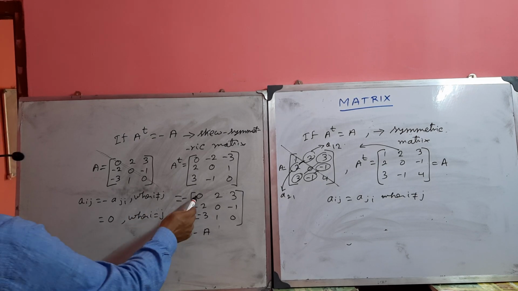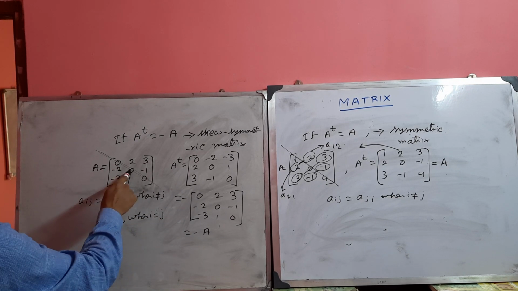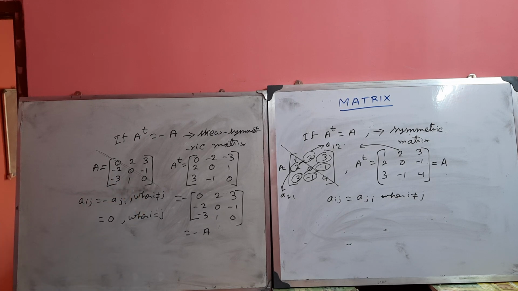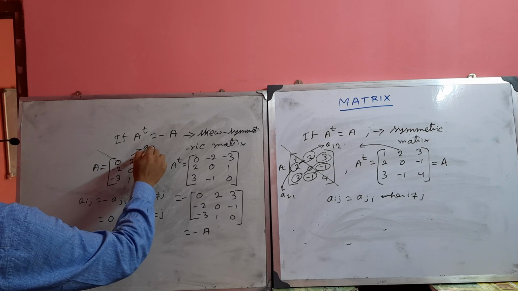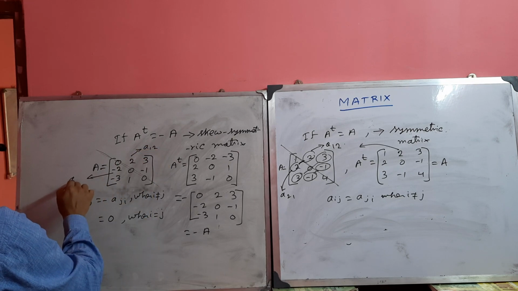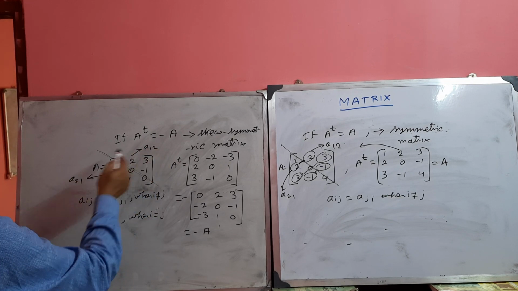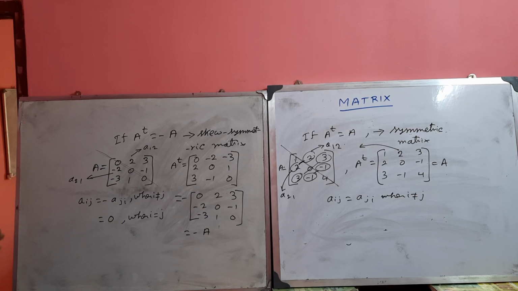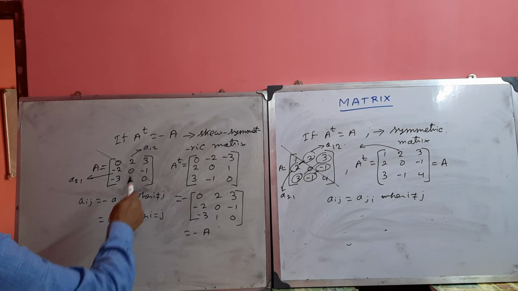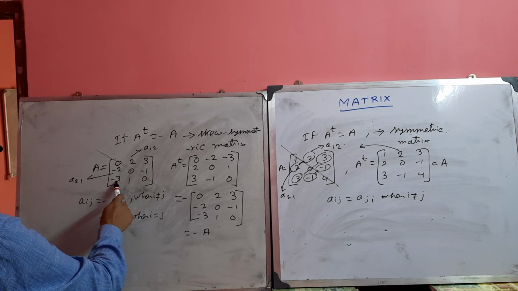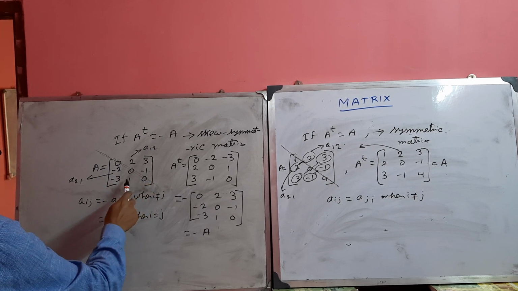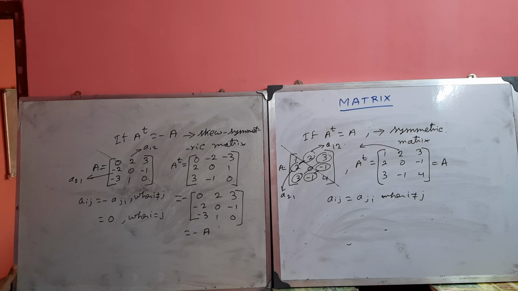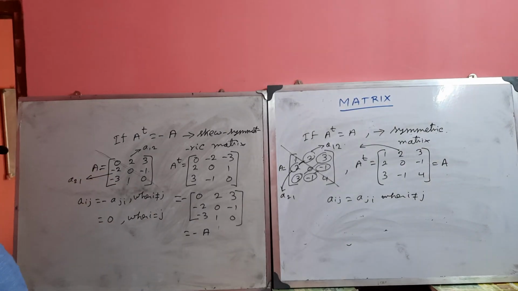Now see that A11, A22, A33 are equal to 0, but this one is A12 and this one is A21. A12 and A21 are of opposite sign. A13 and A31 are of opposite sign. A23 and A32 are of opposite sign, and the diagonal elements are 0.